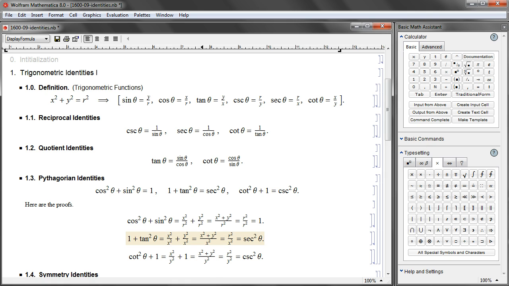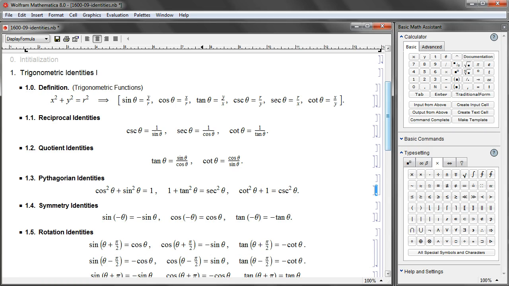What do we get? You get x squared plus y squared over x squared. x squared plus y squared is equal to r squared. We already saw that. So what do we get? r squared over x squared. The definition of secant is r over x, so we end up with secant squared. The third identity can be proven in the same fashion.